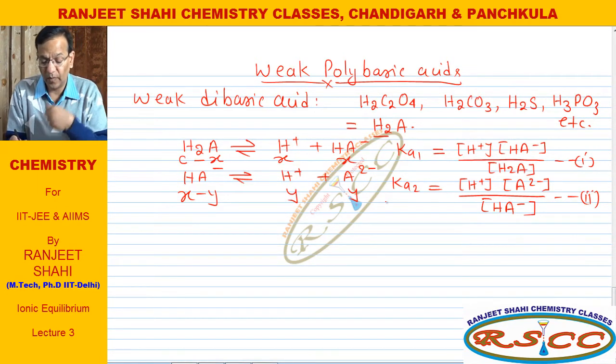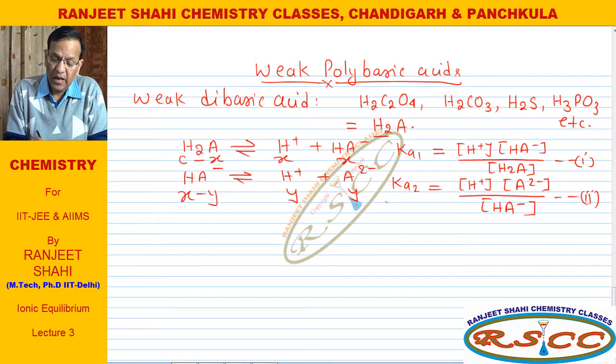But in solution, common ions will have common concentration. So the concentration of hydrogen ion will effectively be x plus y, x from the first equation and y from the second equation. And the concentration of HA- left in the solution is x minus y.